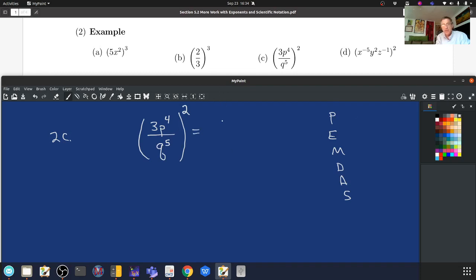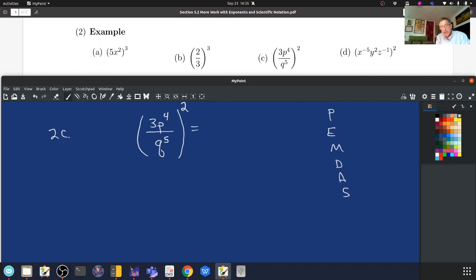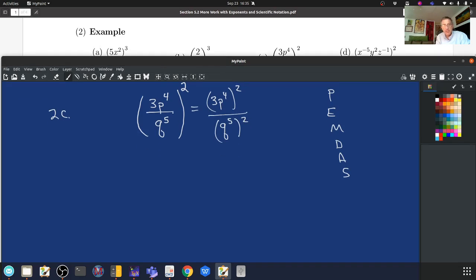What I'm going to use is the quotient rule. Since the numerator is a product, 3 times p to the 4th, I'm going to put it in parentheses and square it. Then I'm going to put the bottom in parentheses and square it. Now for the top, this is going to be power of a product rule, because 3p to the 4th is a product.